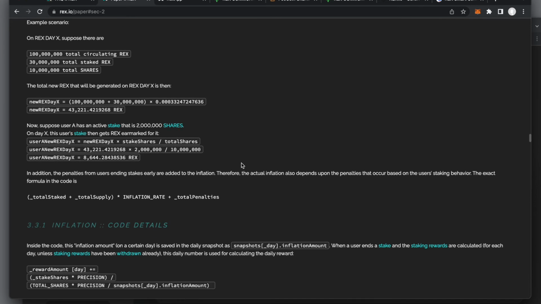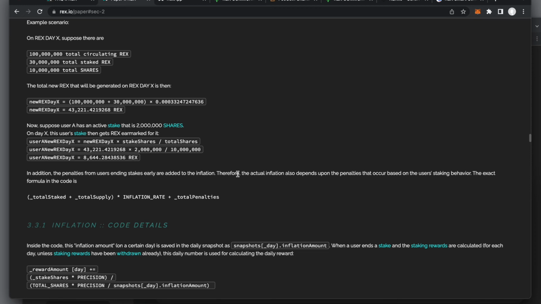And now suppose user A has an active stake that has 2 million shares in it. So on this day, your stake gets some new Rex earmarked for it according to these calculations. If you want to understand these calculations, I really, really recommend spending some time with these equations and really understanding how this works.